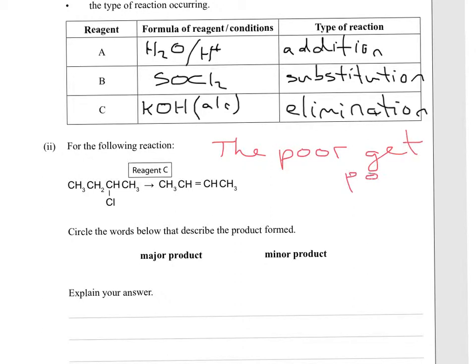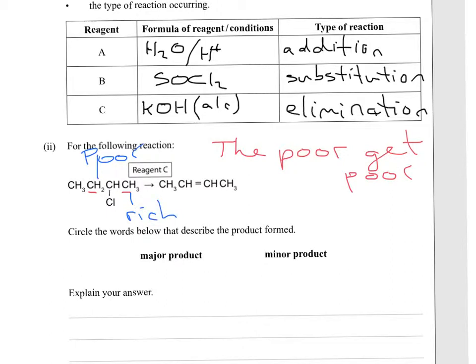When we say the poor get poorer, what we're looking at is the carbon atom that the other end of the double bond could possibly join to. And we've got two choices, the one on the left here, or the one on the right. The one on the left is poor, because it only has 2 carbons, and this one is rich.